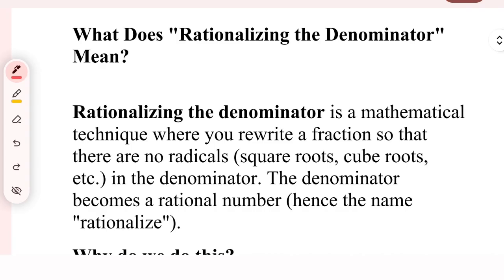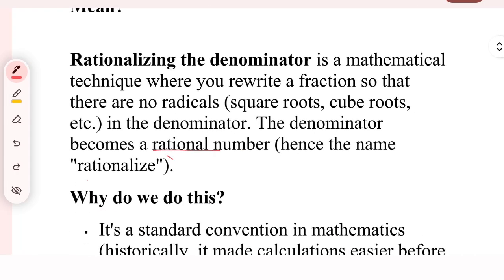That means you need to get rid of the radical sign, or the square root, or the cube root. So the denominator must become a rationalized number. So hence it's called rationalize.